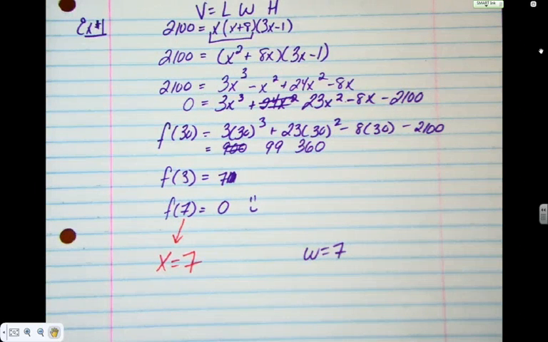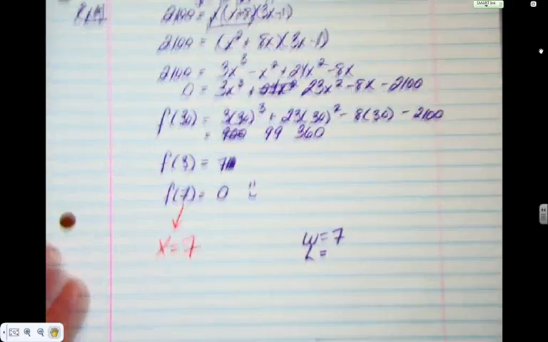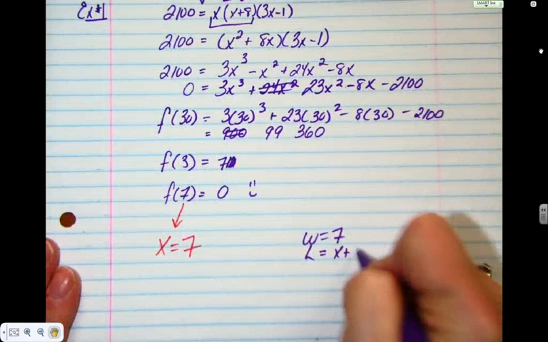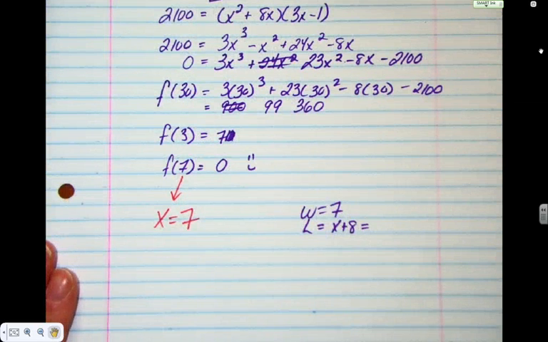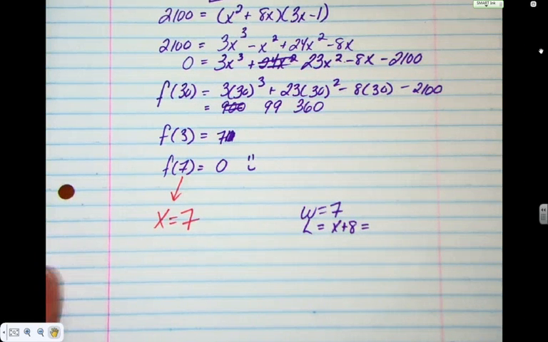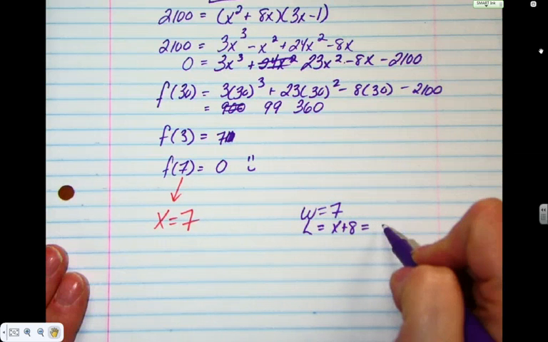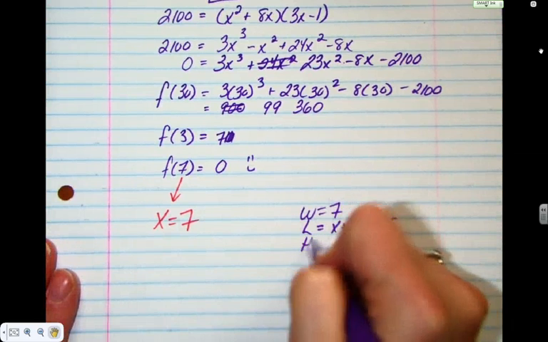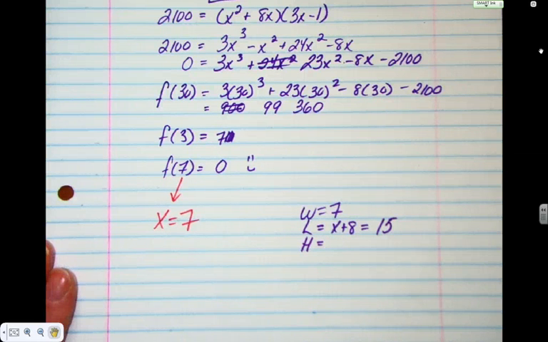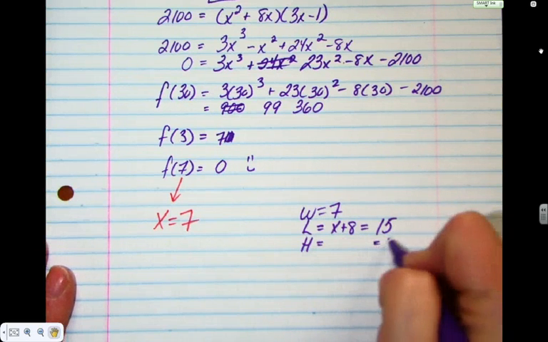How do we find the length and the height? Length we said above was x plus 8. So the length has to be 15. The height, where does 22 come from?